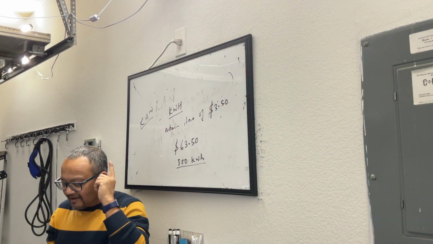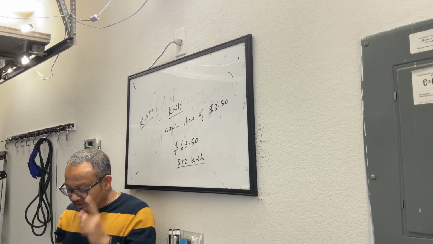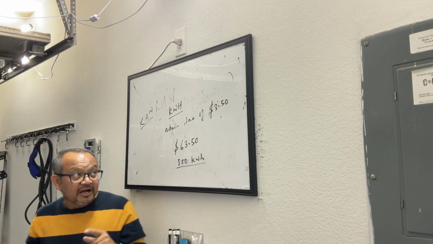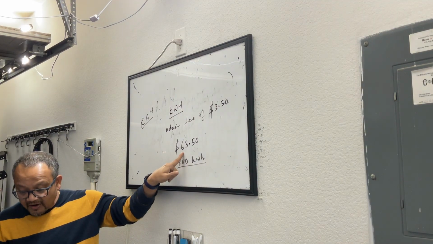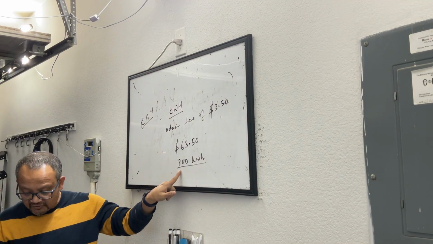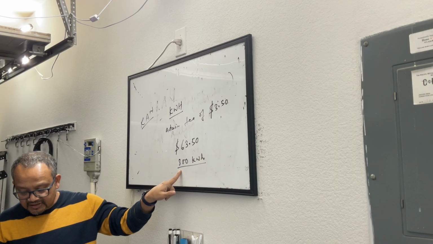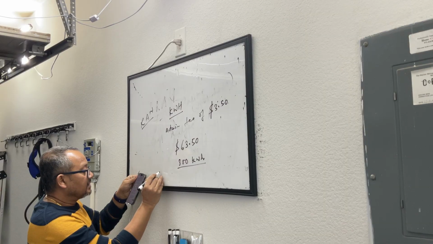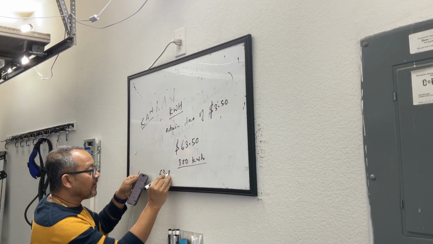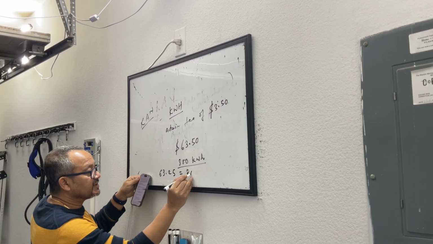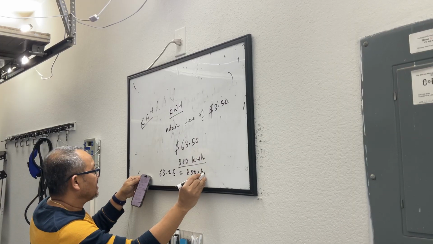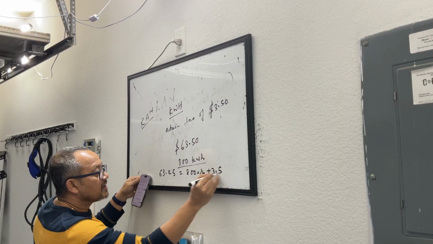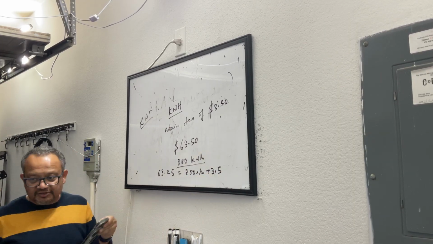Now, the second line says a company charged Zhao $63.5 for using 800 kilowatt hours of electricity. Zhao uses the equation 63.25 equal to 800 times R plus 3.5 to represent the situation.